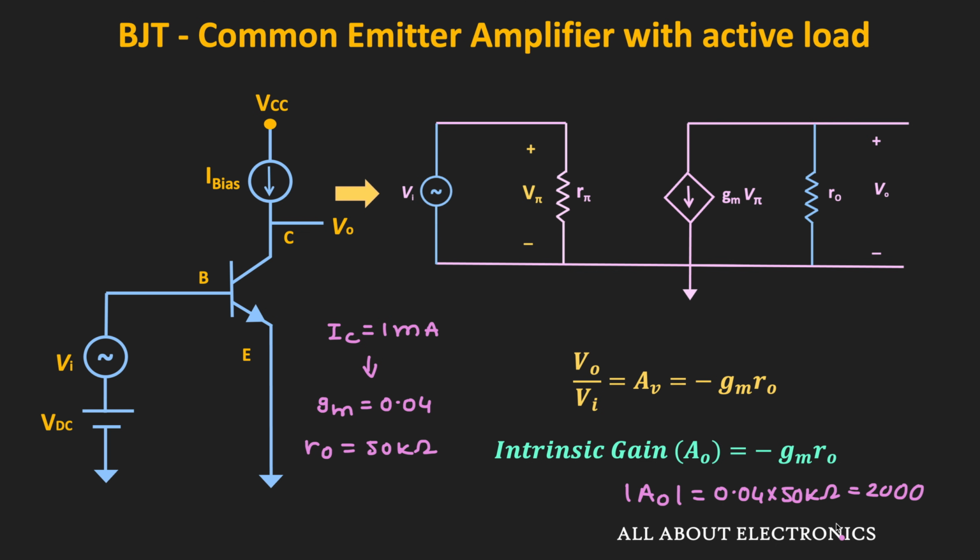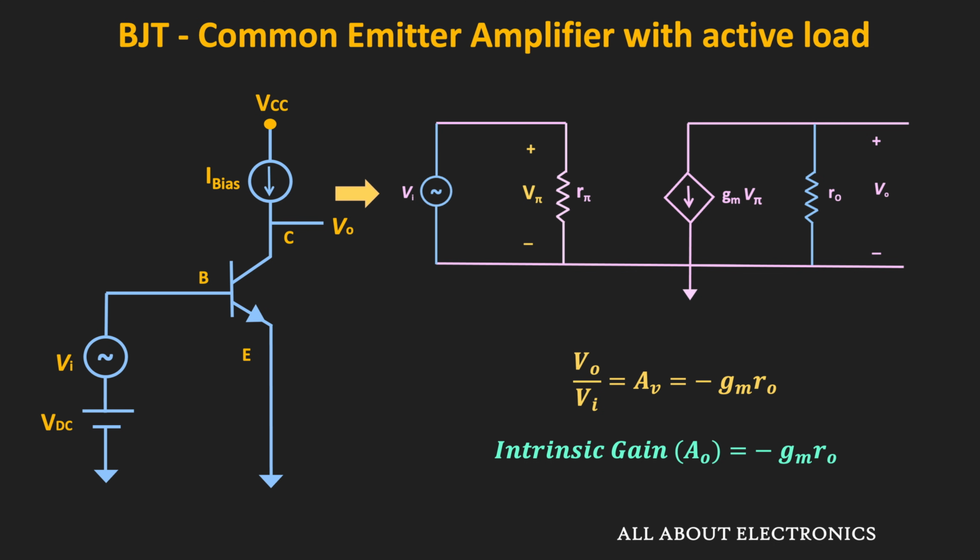That means with the given parameters, this is the maximum gain that can be achieved using the common emitter amplifier. But the actual gain will be less than that, because as you know, the actual current source will have some finite output impedance, and because of that, the voltage gain will further reduce.